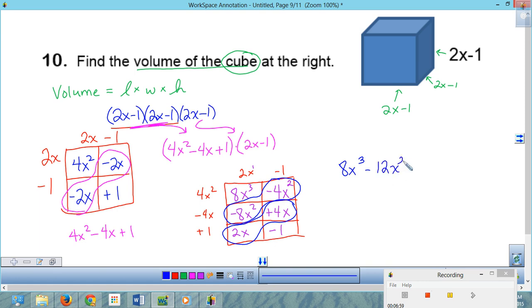And then they both have a square. And then you have 2 plus 2 plus 4, which is positive 6. And then they both have an x, 3, 2, 1, and then they're going to have the negative 1, which has no x. Okay? And then that becomes the final answer.